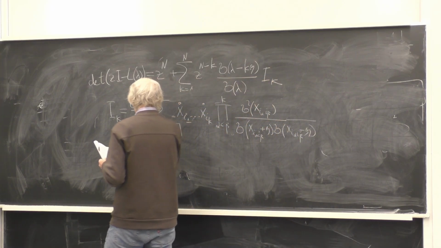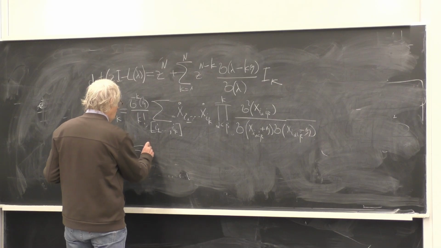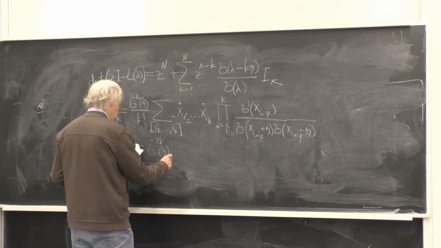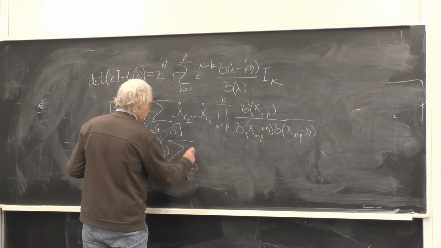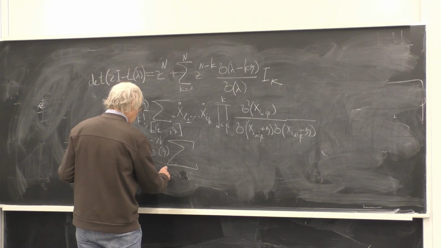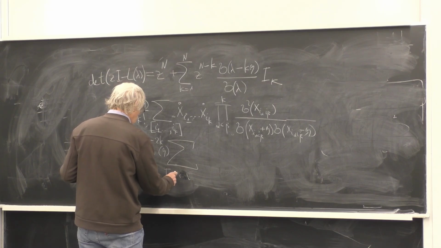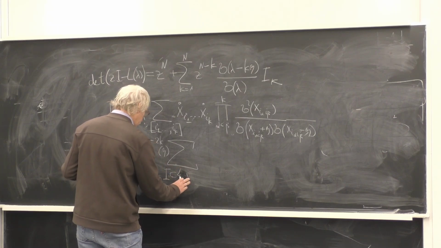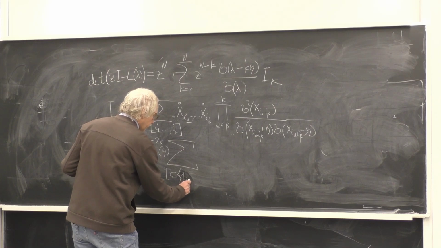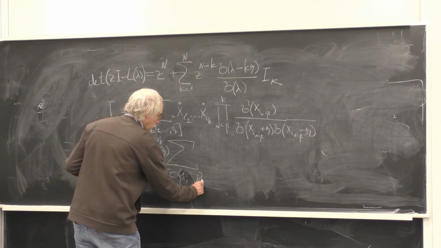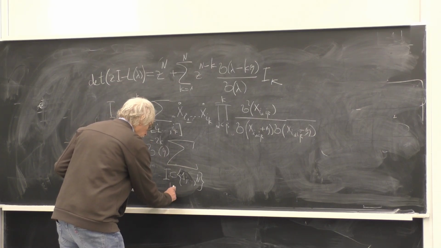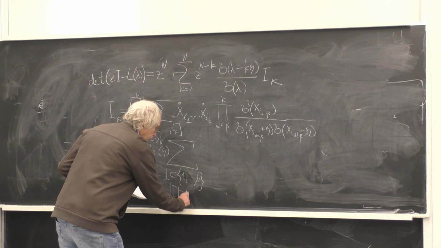And in terms of momenta, this integral of motion has the following form. Sum over all subsets of the set of indices from 1 to n with k elements.